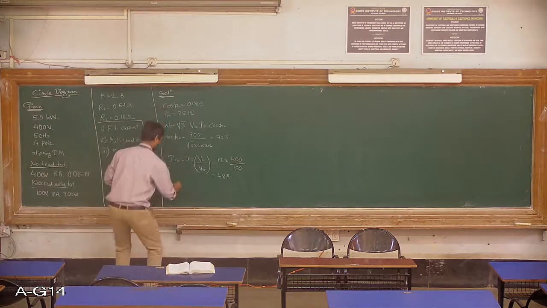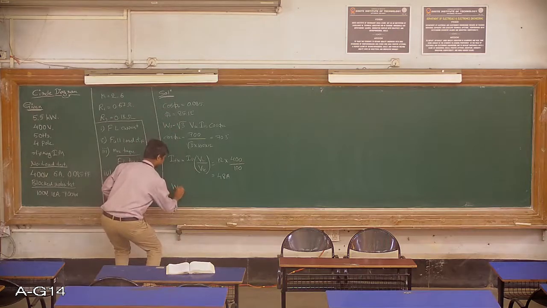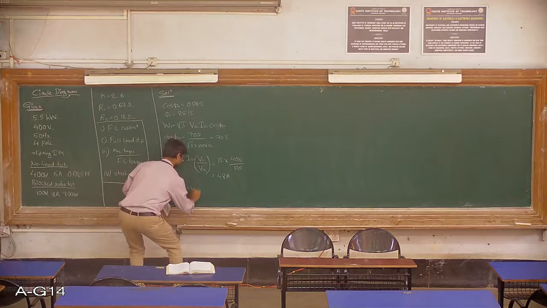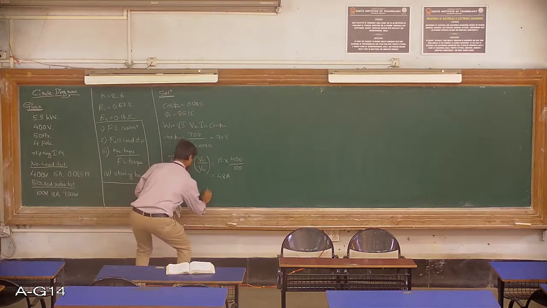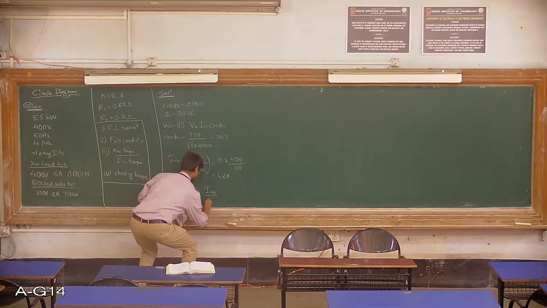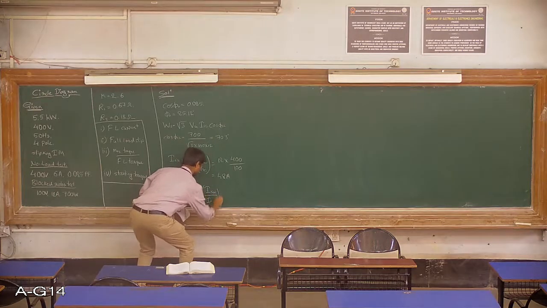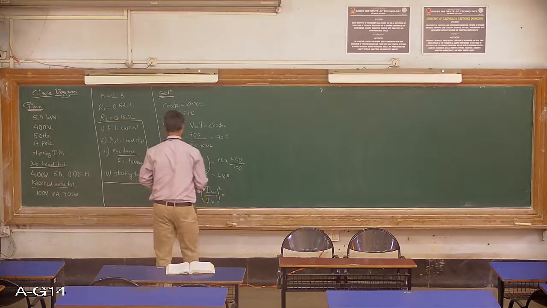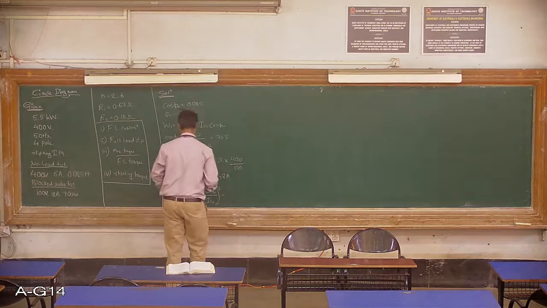Now we'll calculate WSN. WSN is equal to WSC into ISN divided by ISC whole square. I'll write down the numbers here.